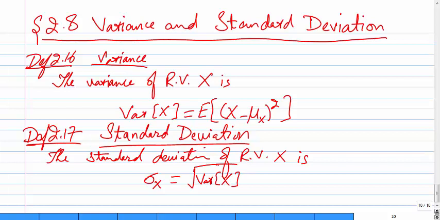It is useful to take the square root of variance, because standard deviation has the same unit. For example, if you have exam points as X, the unit of the variance is the square of the units of the random variable. So standard deviation can be compared directly with the expected value.